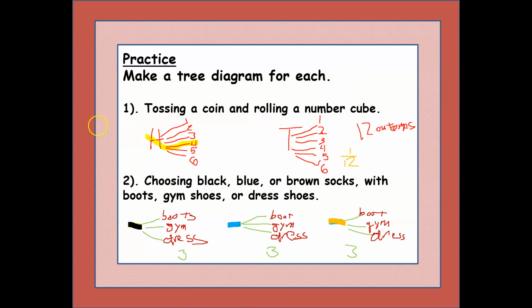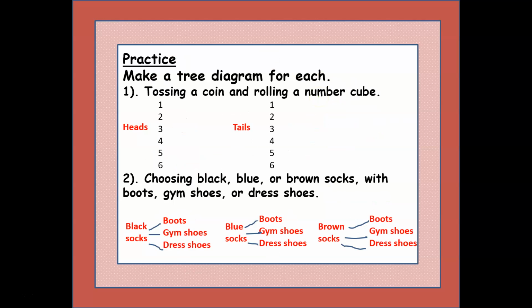So we have a total of 9 outcomes. Our sample space has 9 outcomes. So that's how we use a tree diagram to determine our sample space.